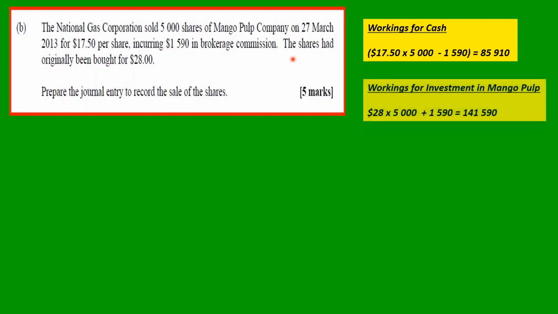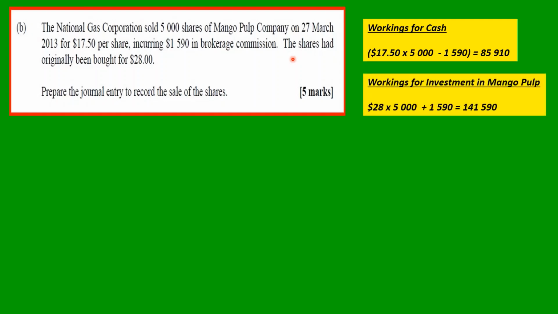Next, we have to work out the investment in Mango Pulp. Now, to do that, you need to know about investments. The brokerage fee is considered part of the cost of the investment. So when you pay this, you will in fact debit the investment in Mango Pulp Company with another 1,590 dollars.